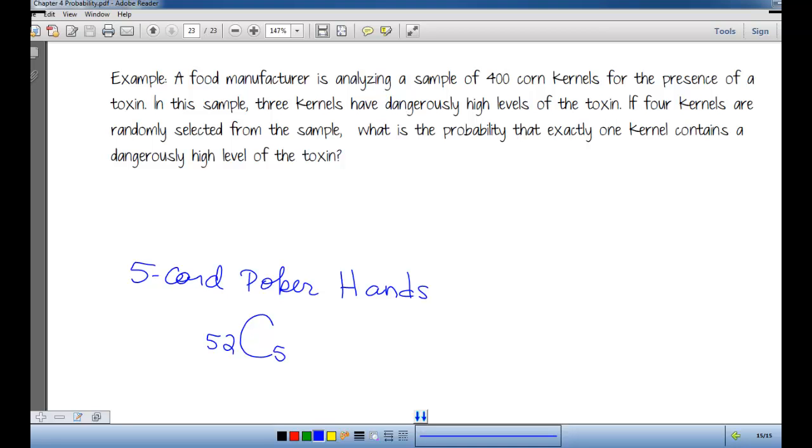It says a food manufacturer is analyzing a sample of 400 corn kernels for the presence of a toxin. In this sample, 3 kernels have dangerously high levels of the toxin. If 4 kernels are randomly selected from the sample, what is the probability that exactly 1 kernel contains a dangerously high level of the toxin?